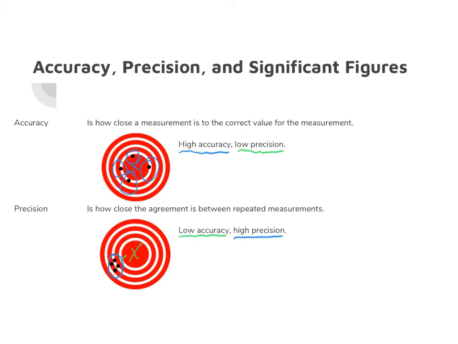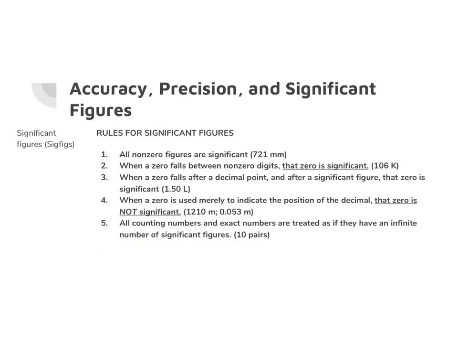So this is just a brief excerpt on the concept of accuracy and precision. When we measure in science, we want to be both accurate and precise.